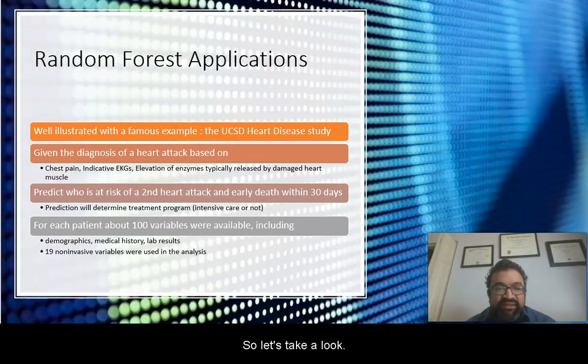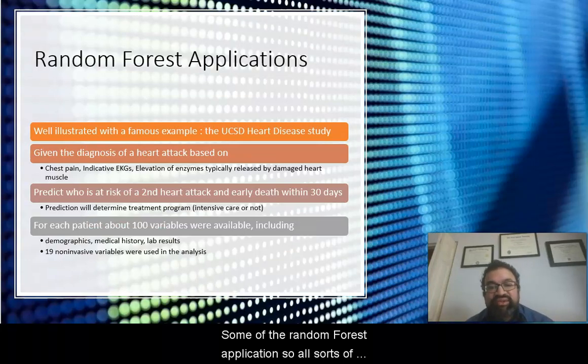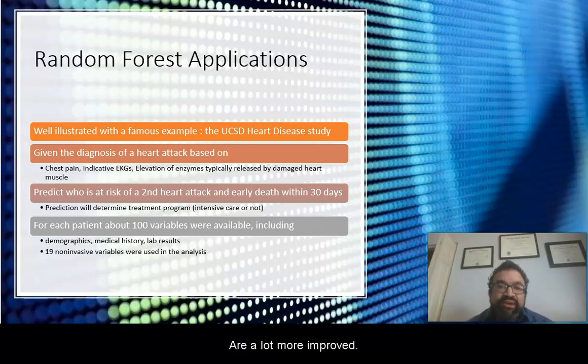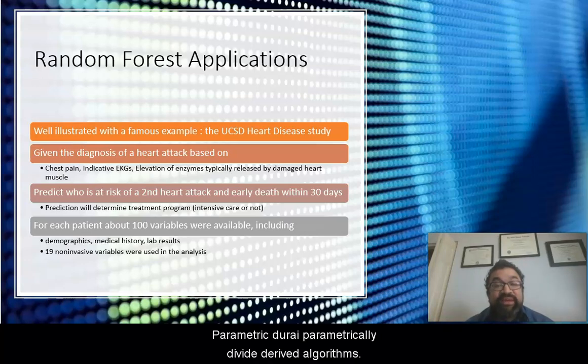Let's take a look at some of the random forest applications. There's an example of a heart attack being diagnosed appropriately from EKGs, chest pain, and elevation of enzymes. These things are a lot more improved in random forest applications than in parametrically derived algorithms.